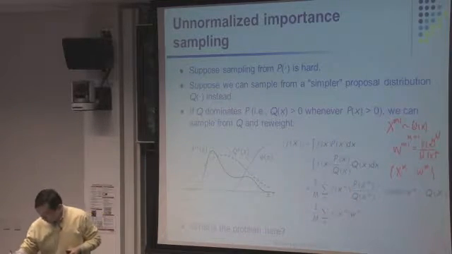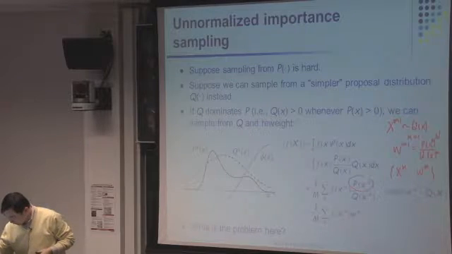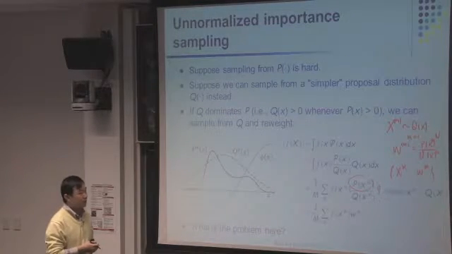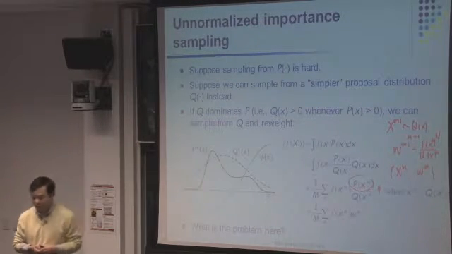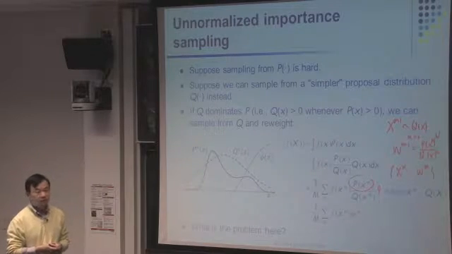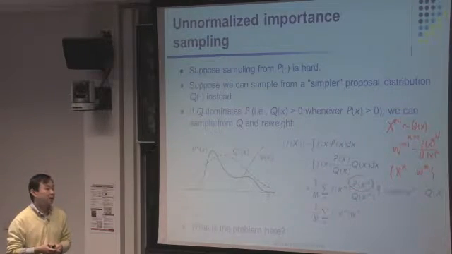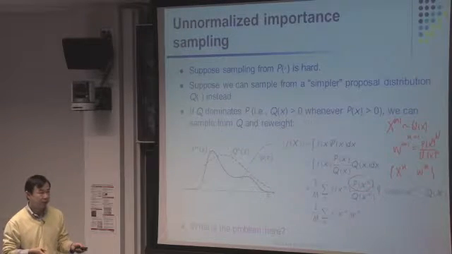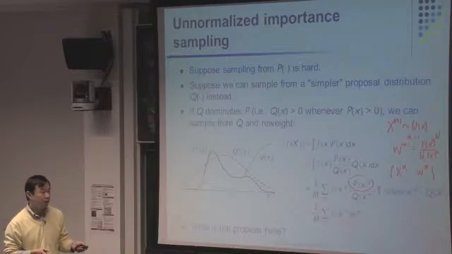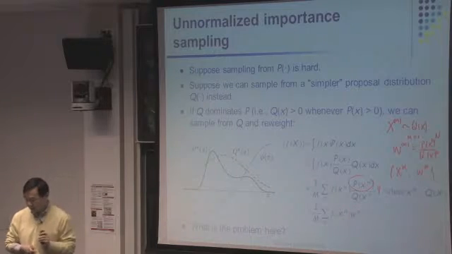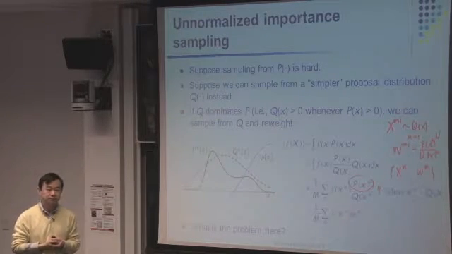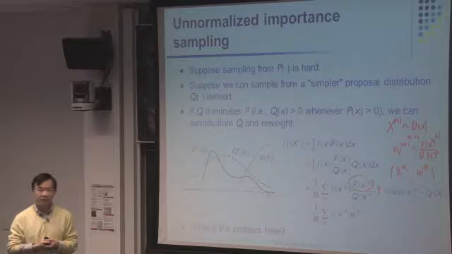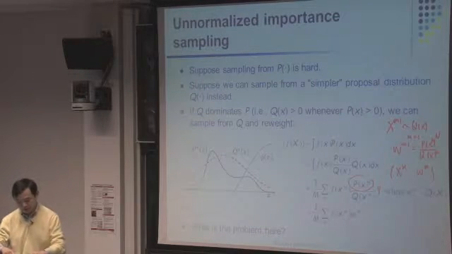So the question will be, how do we do this? And in fact, we probably don't know. So unnormalized importance sampling is good, but it has a limitation because it requires you to know how to evaluate every sample from the original distribution. So what next? Any ideas about how we can overcome this?